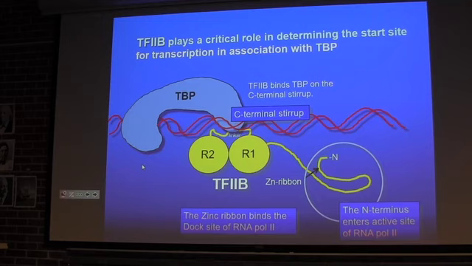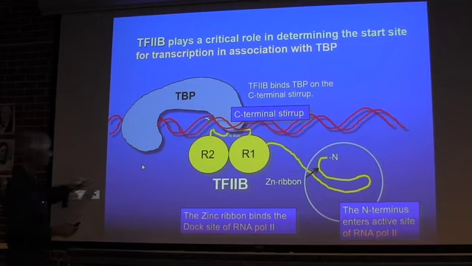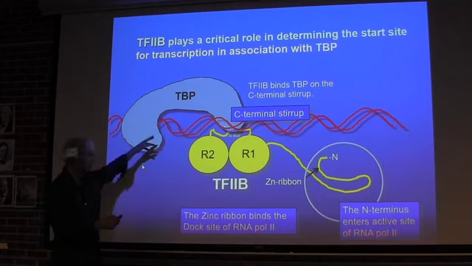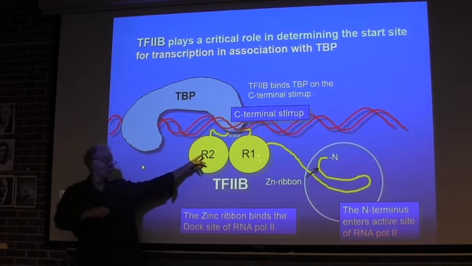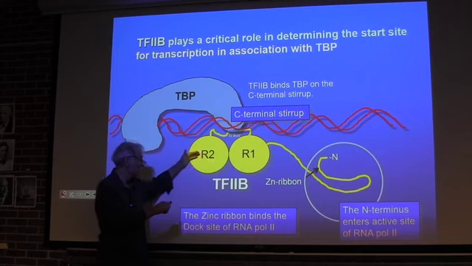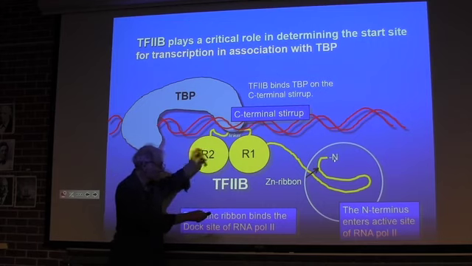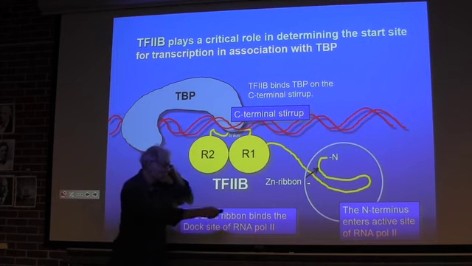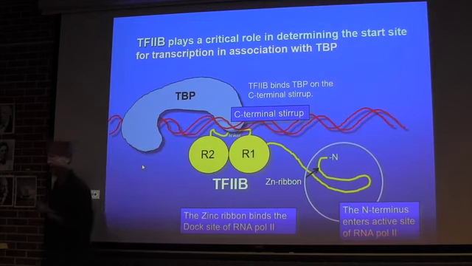So here you see TF2B as a segue. TBP on the left side. This is TBP in yellow. This would be the N-terminus. It has what used to be drawn like this, and they called it a B finger.